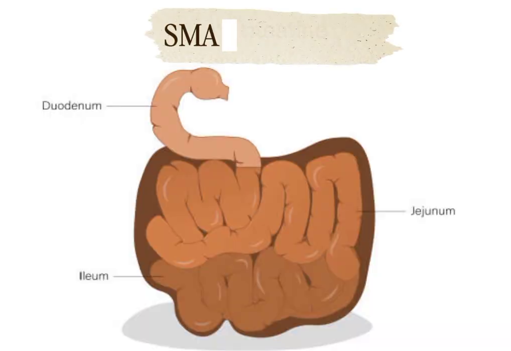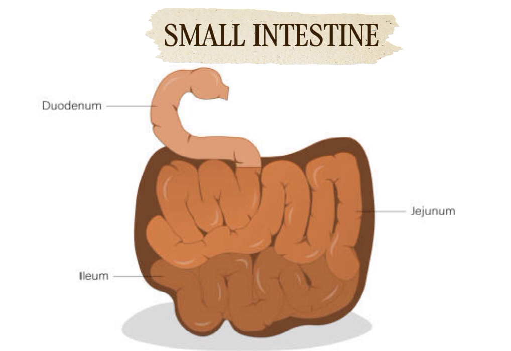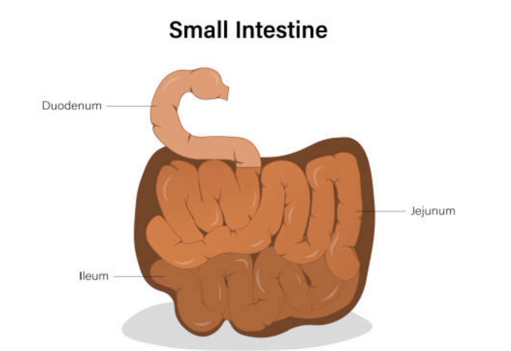The small intestine is a long coiled tube where most of the chemical digestion and absorption of carbohydrates, proteins, fats, vitamins, and minerals into the bloodstream occurs.